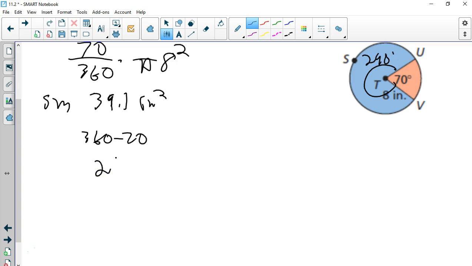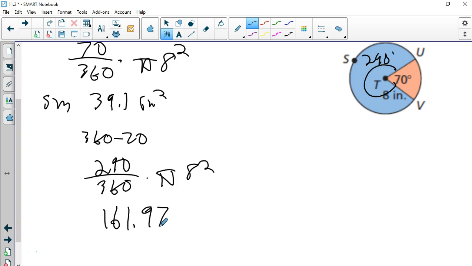So we're going to do 290 over 360 times pi 8 squared. And again, you're just going to type that in your calculator as you see it, and you're going to get 161.97 square inches.